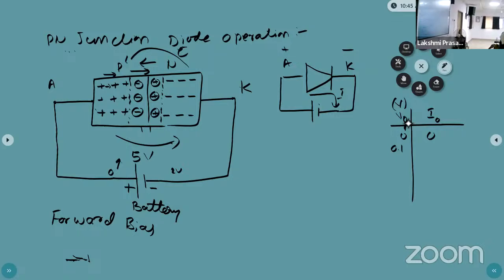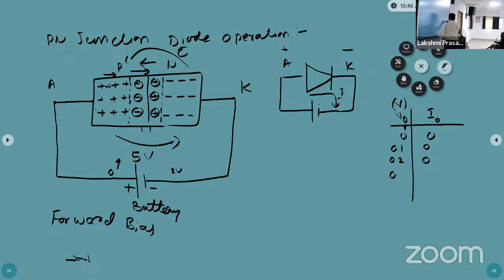Can electrons move? No, because the barrier is there. After applying 0.1 volt, the junction width decreases. Listen carefully, the junction width decreases. Now we can apply 0.2 volt, and here also 0.